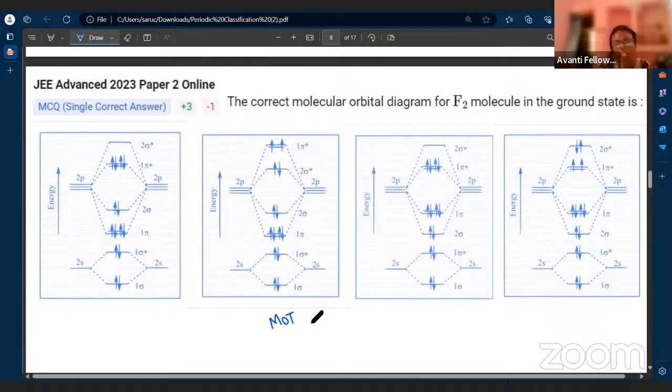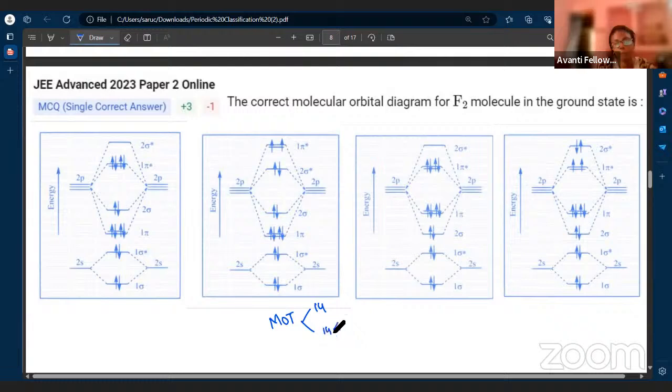in MOT, we have studied 2 different types of writing the configuration. One is the configuration up to 14 electrons, and the other is the configuration for which the number of electrons is greater than 14.